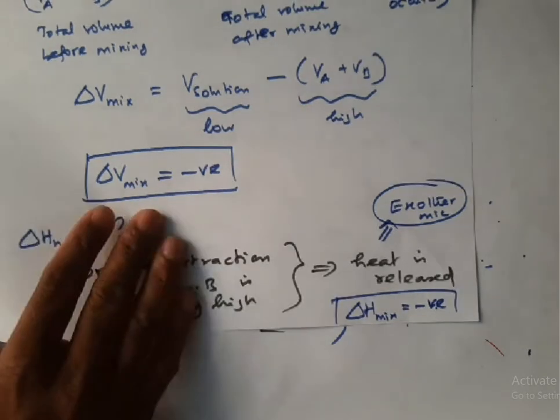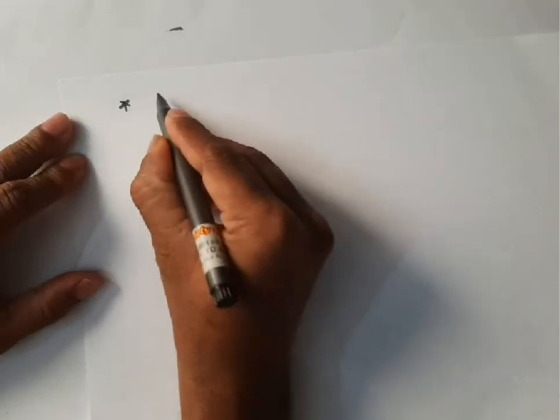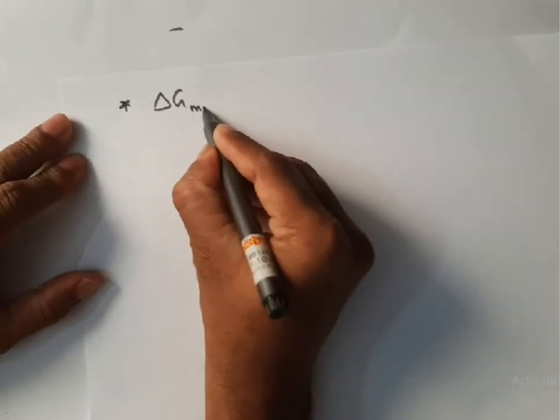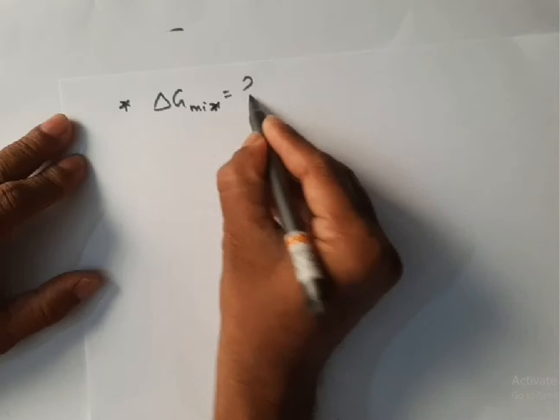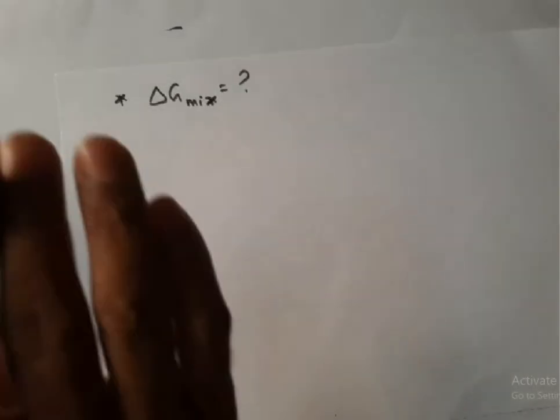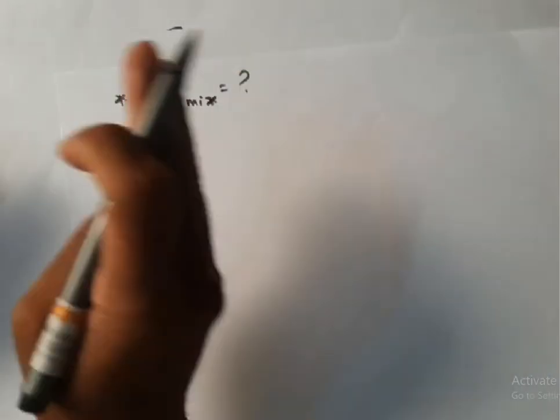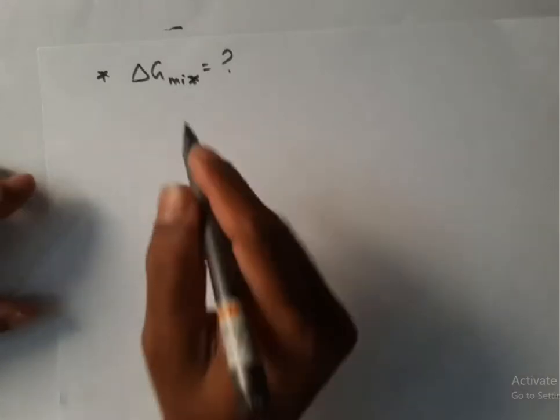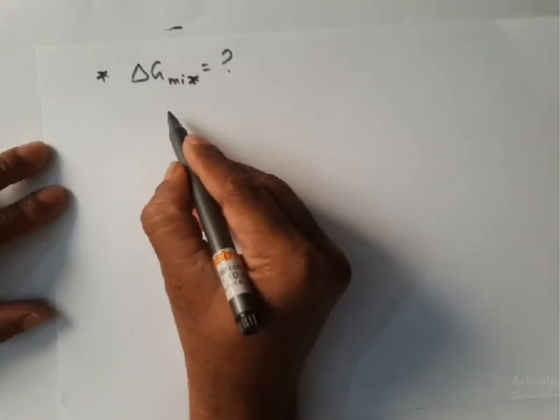Then what about delta S mixing? Before that, I'll discuss delta G mixing. I have told you, by mixing liquid A and liquid B, we get a solution. The solution is formed spontaneously. Therefore, delta G mixing should be negative.